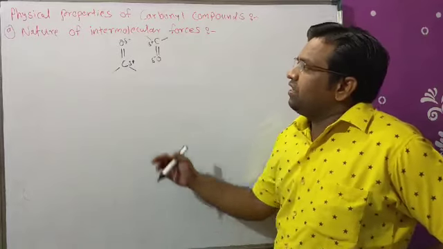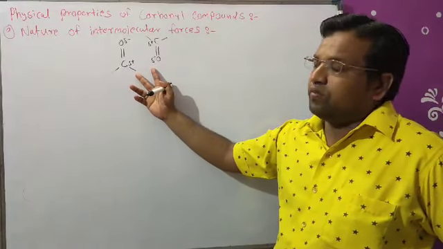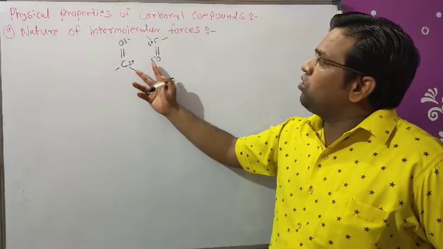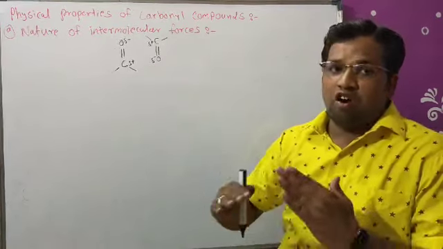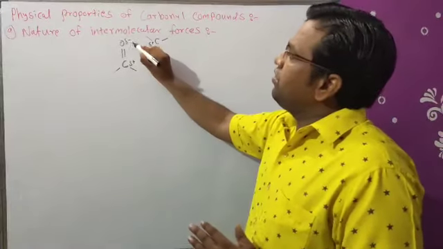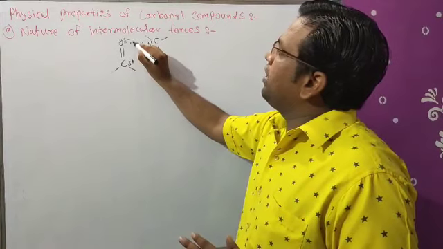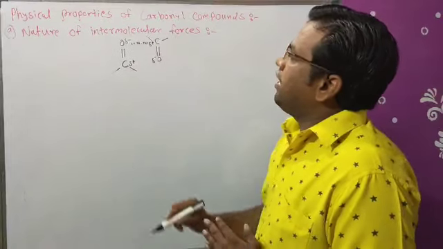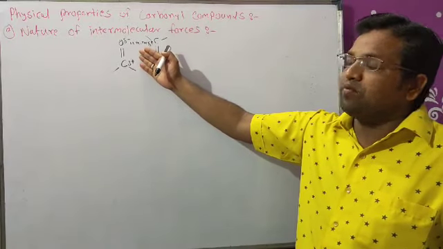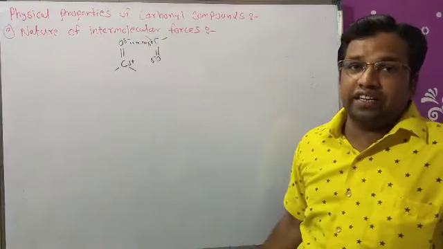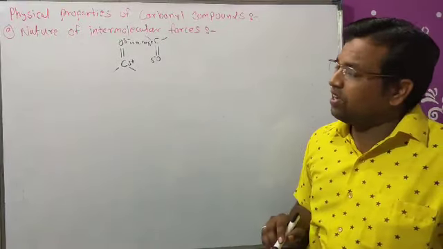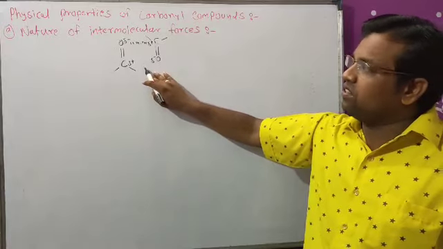Therefore the oppositely polarized atoms face each other, the negative charge facing the carbon atom of the other molecule. So the attraction that takes place between aldehyde and ketone molecules is the dipole force of attraction. That can be explained by this structure.